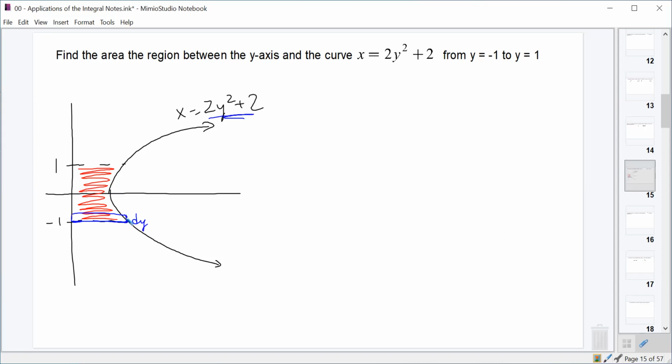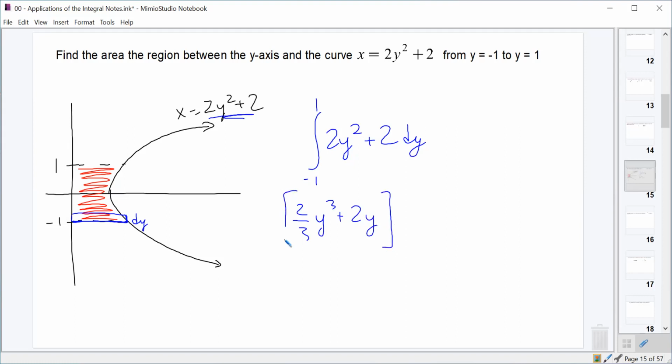So really, all we've got to do here is an integral from -1 to 1 of 2y squared plus 2 dy. We'll integrate that to get 2/3 y cubed plus 2y from -1 to 1.